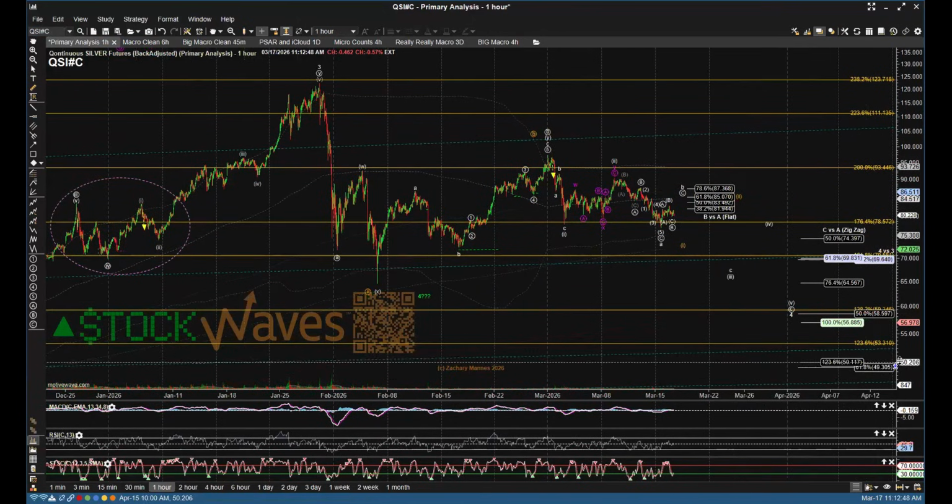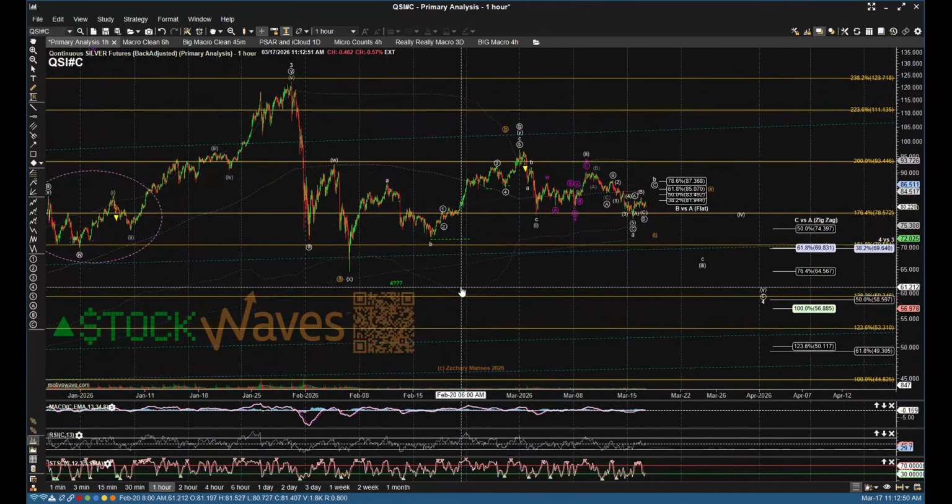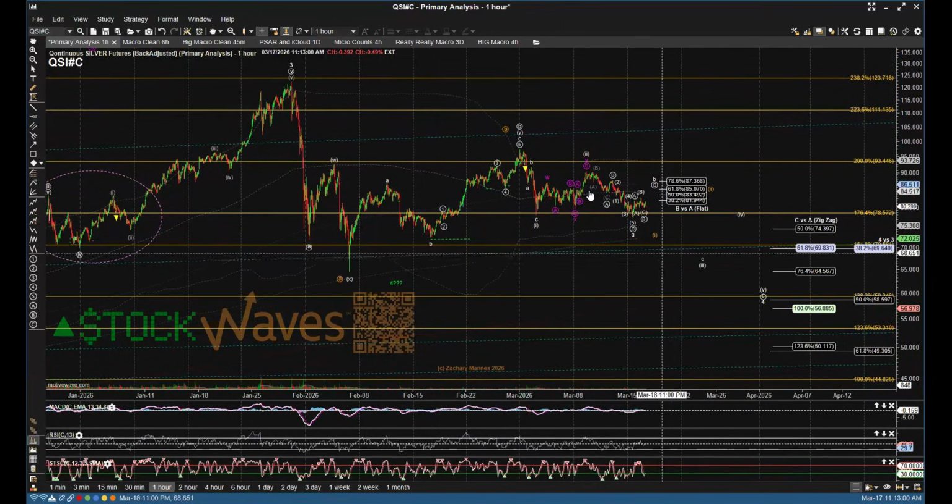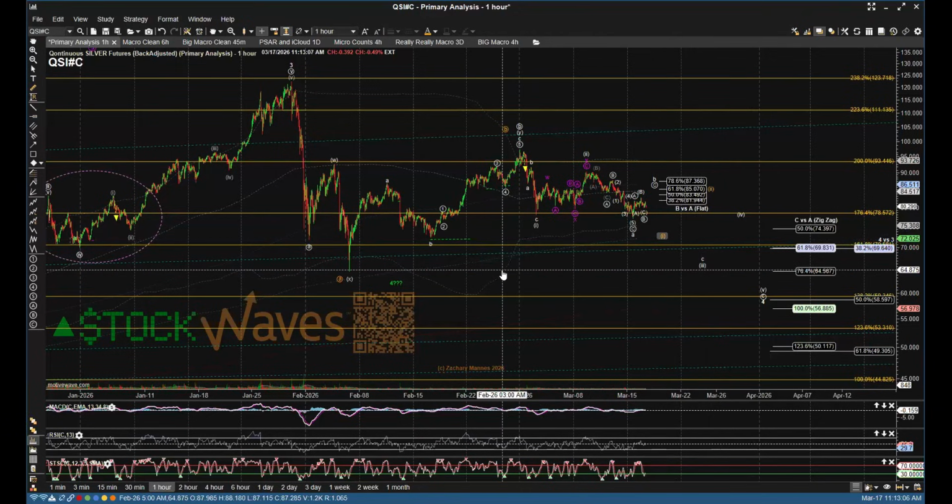The alt here is in orange, and I try to avoid putting alt counts on my chart and clouding that up. But I like to show that particularly when they both are in the same direction and there's just some nuanced difference there, that I'm more willing to entertain and talk about that alt scenario.